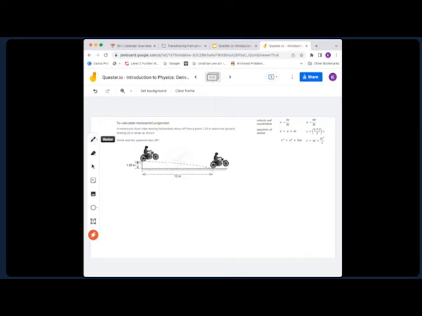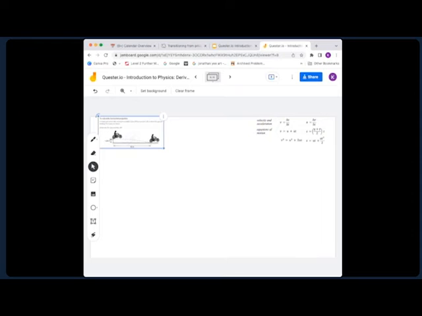So if I want to simplify this diagram down, here's our guy, and here's our graph. This is distance, and he travels a total of 10 meters. We don't know our initial horizontal velocity, we're trying to figure that out.